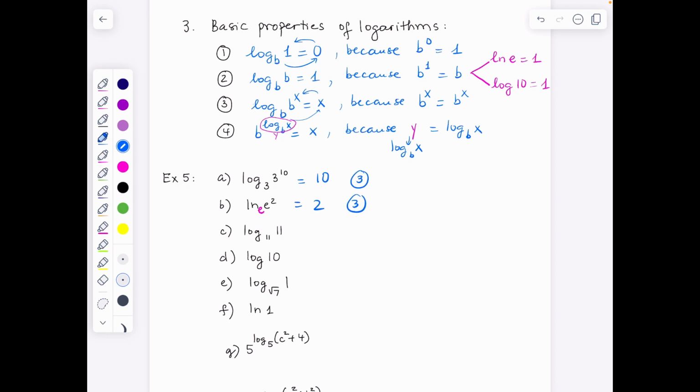Log base 11 of 11 would equal 1 because we would use property number 2. Log 10 is equal to 1, as I mentioned up here.